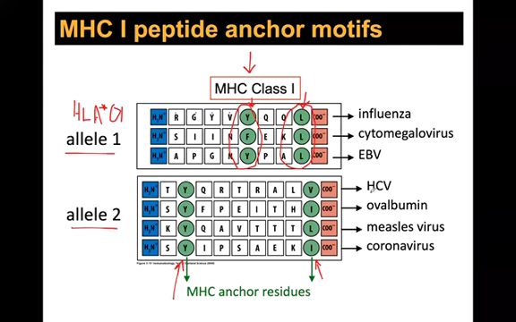And so peptides from hepatitis C virus, from the ovalbumin protein, measles, or coronavirus all have this sort of motif, and so you can present peptides on HLA-A02 that have these anchor residues. Okay, so the differences between the alleles just mean that they have different preferences for anchor residues. They don't have a preference for what's pointing out of the MHC towards the T cell receptor. They only have different preferences for what's going to bind to the MHC.